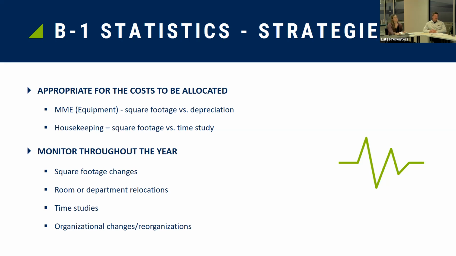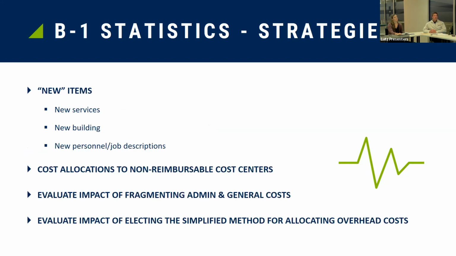What are your square footage changes, your relocations, some of those sorts of things, your organizational changes, because that can impact from a nursing admin perspective. Did you reorganize? Does your DON now supervise various different departments than last year? Then again, this is just strategies, which we mentioned a little bit before.